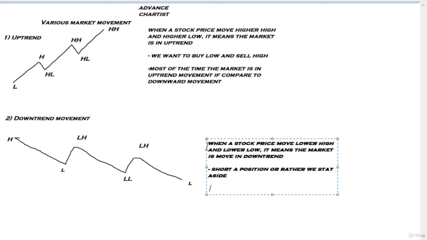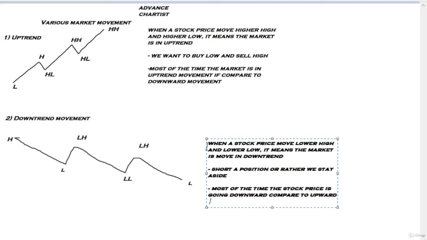So why is this? Because vice versa of an uptrend movement, most of the time the stock price is going downwards compared to upwards.